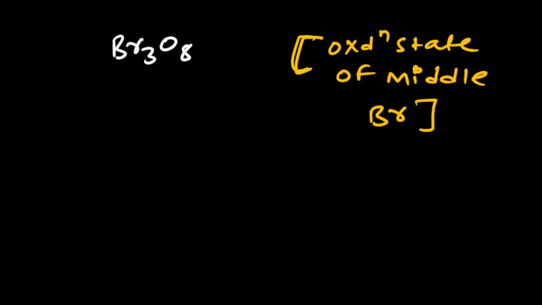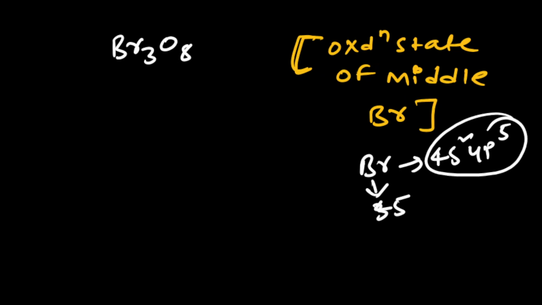Now bromine maximum valency electrons are 7, right? This is atomic number 35, which means 4s2 4p5, total 7 electrons. Now one bromine contains 1, 2, 3, 4, 5, 6, 7.